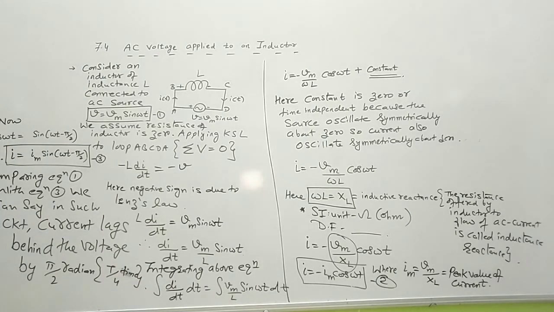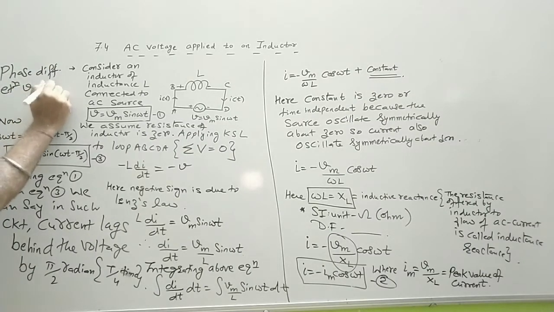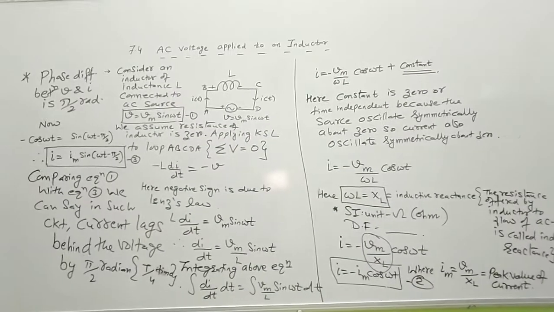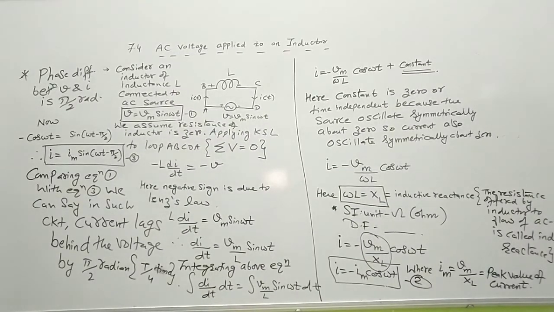So this is the phase difference. So in such a circuit you have to remember the phase difference between V and I is pi by 2 radian, or you can say the phase difference is 90 degree.